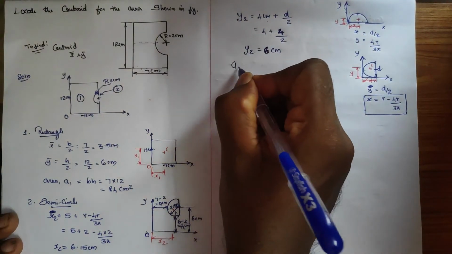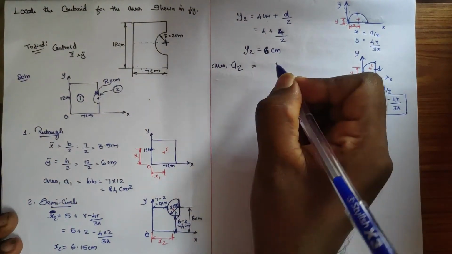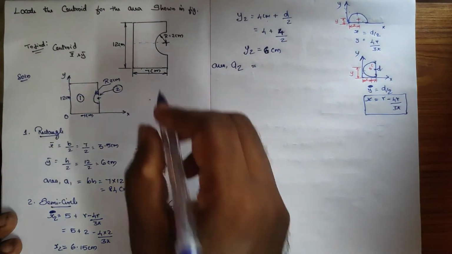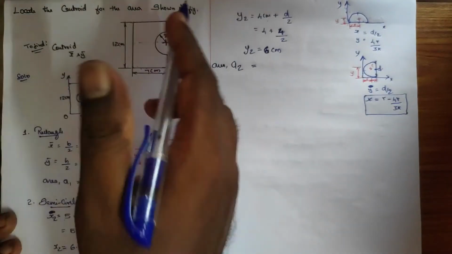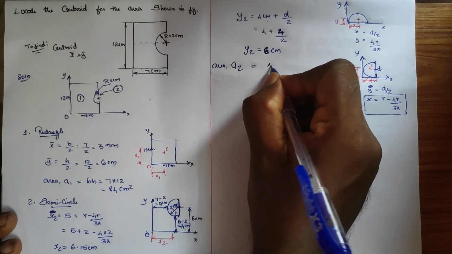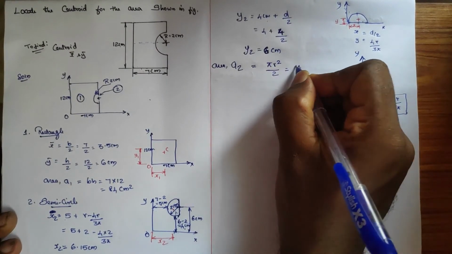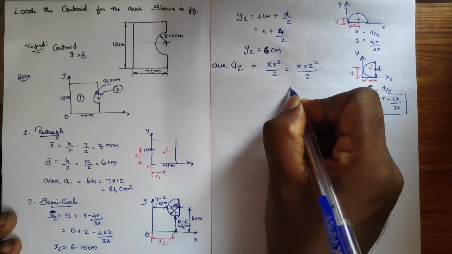Okay, and A2, the area of the semicircle. What is the area of a semicircle? Circle area is pi r square, so for the semicircle, pi r square divided by 2. So I get pi into r, which is 2, square, divided by 2.